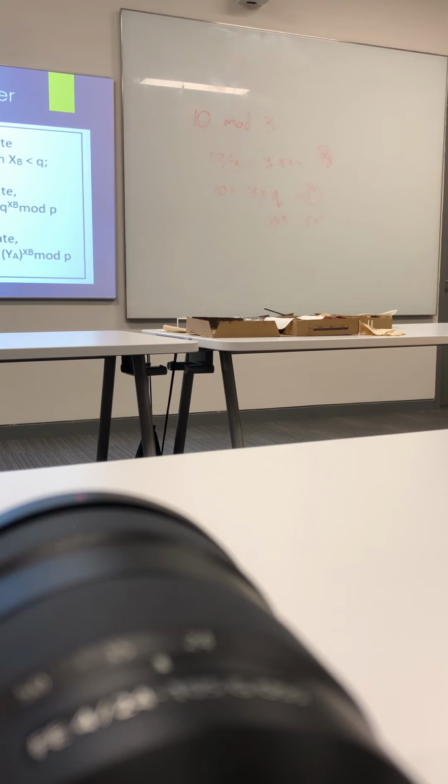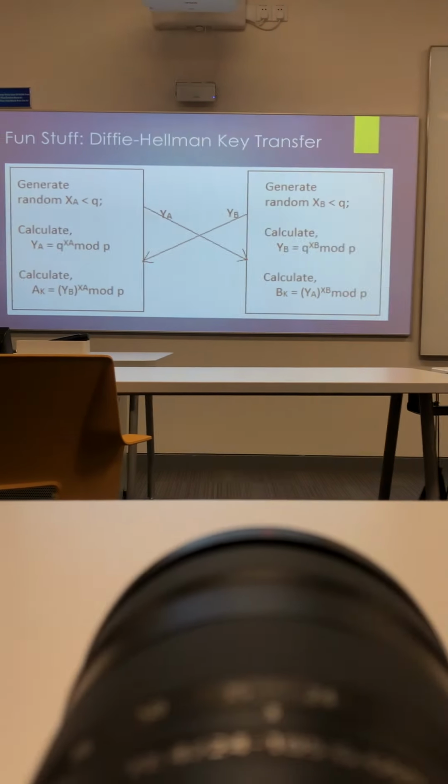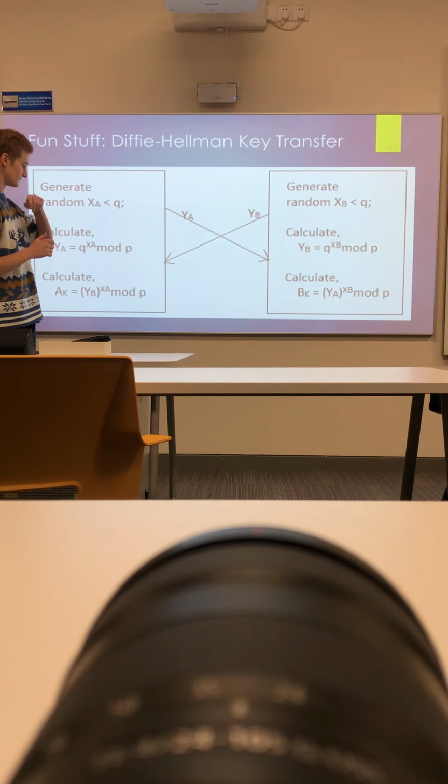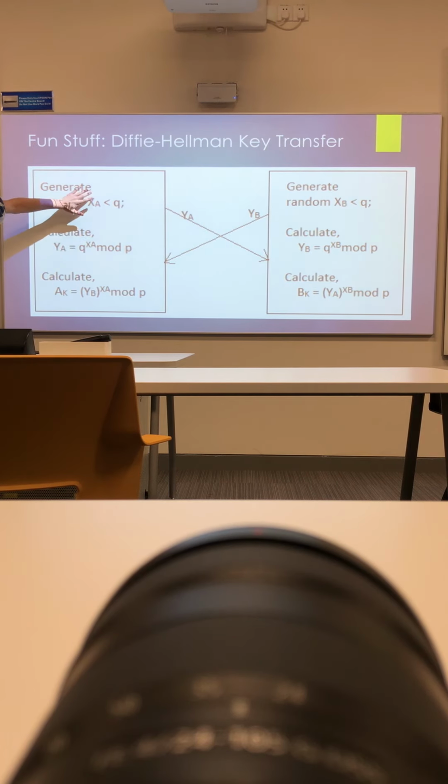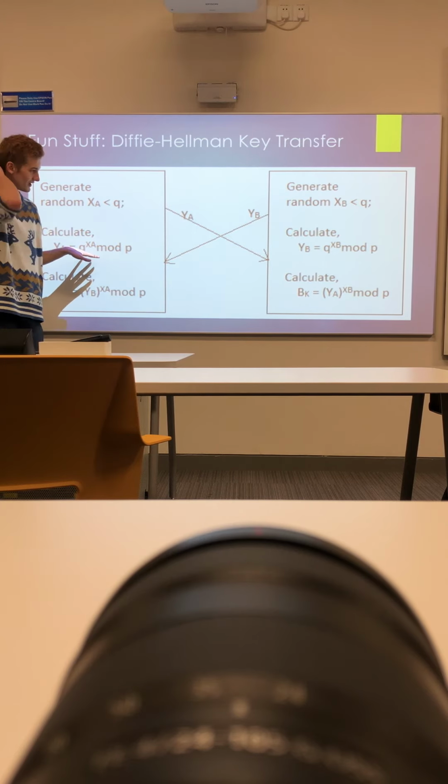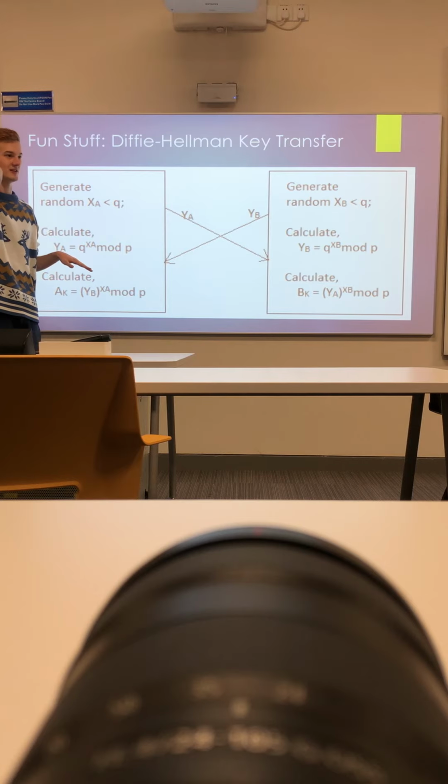They're not gonna tell anyone what these numbers are. However, they are going to use them when they evaluate q to the x, q to whatever the random number is that they chose, mod p. Now q is their public information.